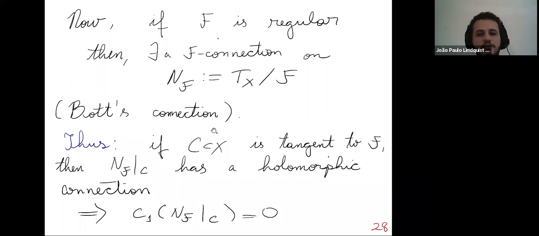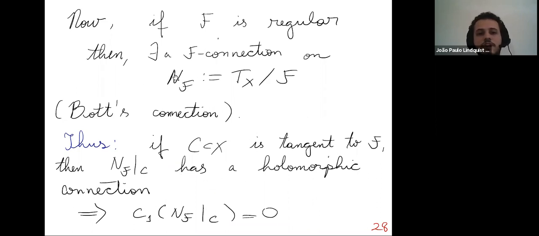But the implication this has is that if I get a tangent variety, in this case a curve C, to F, then the restriction of the normal bundle to C, this connection will turn out to be a holomorphic connection on this normal bundle restricted to C. So a bundle with a holomorphic connection has zero Chern classes.